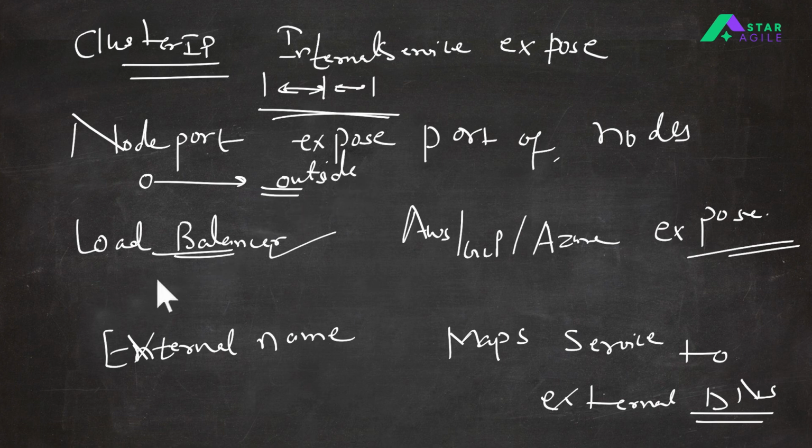But with the help of a load balancer, you can distribute your load to multiple nodes to keep your service available. So for that you can use load balancer. And external name is just for naming services, to configure an external DNS.